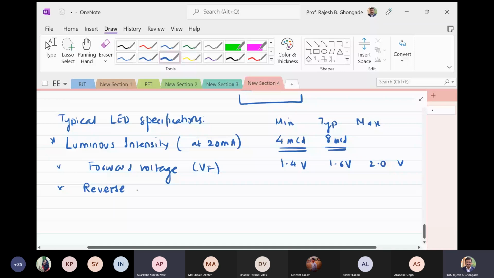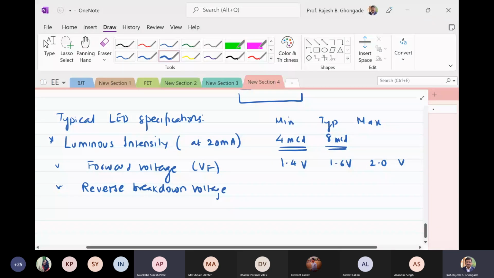Reverse breakdown voltage, that is VR, can be 3 volts or even 10 volts.